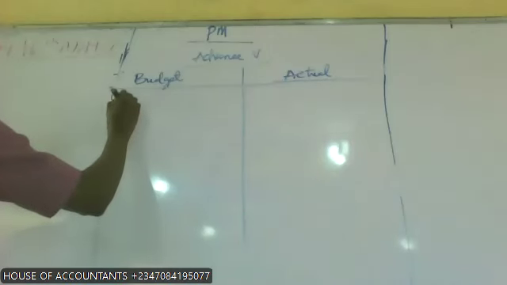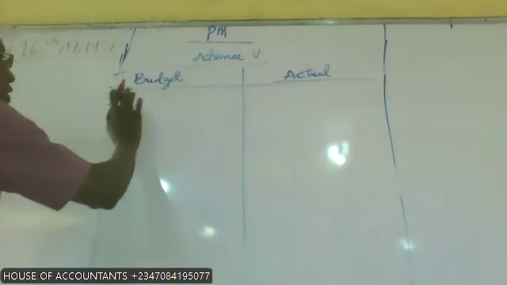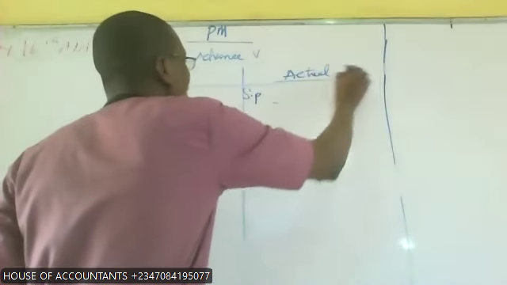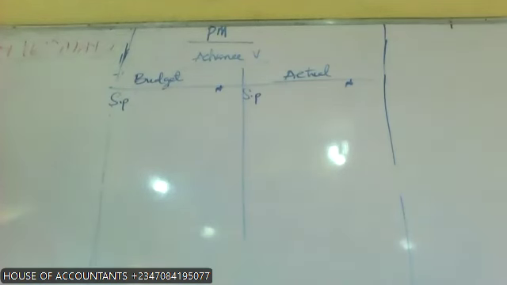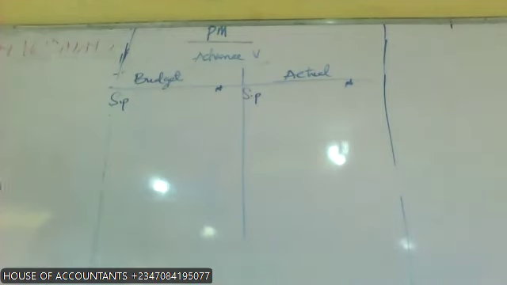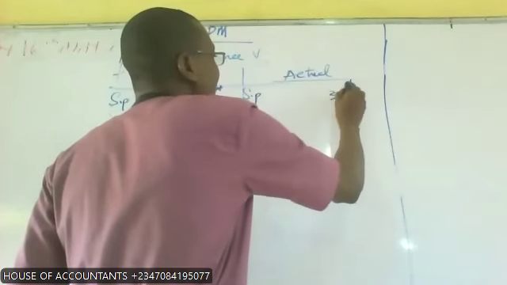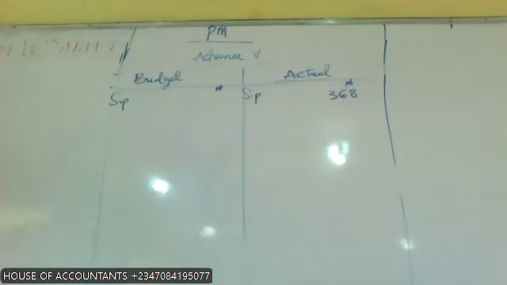We start with selling price because our focus is to get contribution, and contribution simply means selling price minus variable cost. The selling price here was given. How much is the actual selling price? 368 naira. 368 naira is the actual selling price.